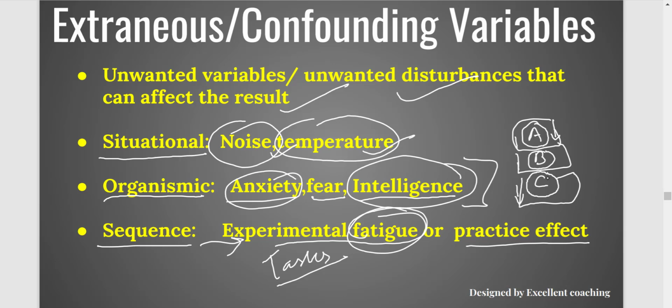Then your result will not be as genuine as it could be, because of the confounding variable of practice effect, your result will change. So that is how, when you are giving certain tasks to be done in a sequence, these sequence variables act as a confounding variable and can change the original result of your experiment.